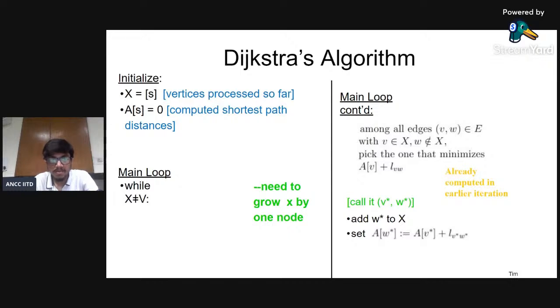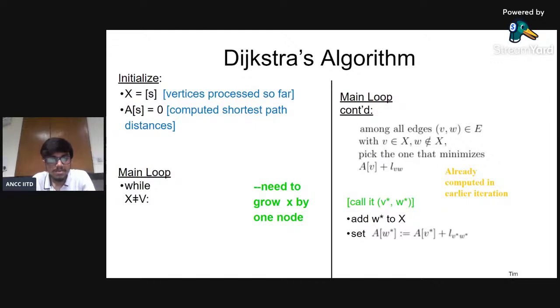Suppose that edge goes from some vertex x to y. We would set d of y to be equal to this value, and add y to this set. Y would be removed from the unexplored set and added to the explored set.